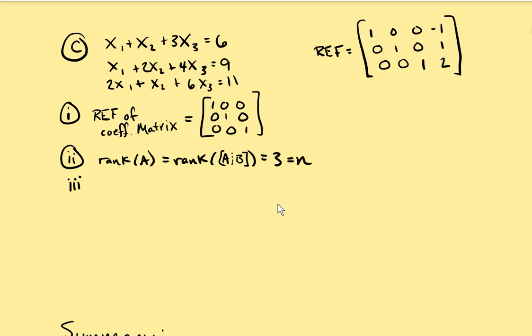There's 3 equations and the rank of both of these matrices is 3. That is the case in that theorem that's going to tell us we have a unique solution. Let's say our theorem implies a unique solution.